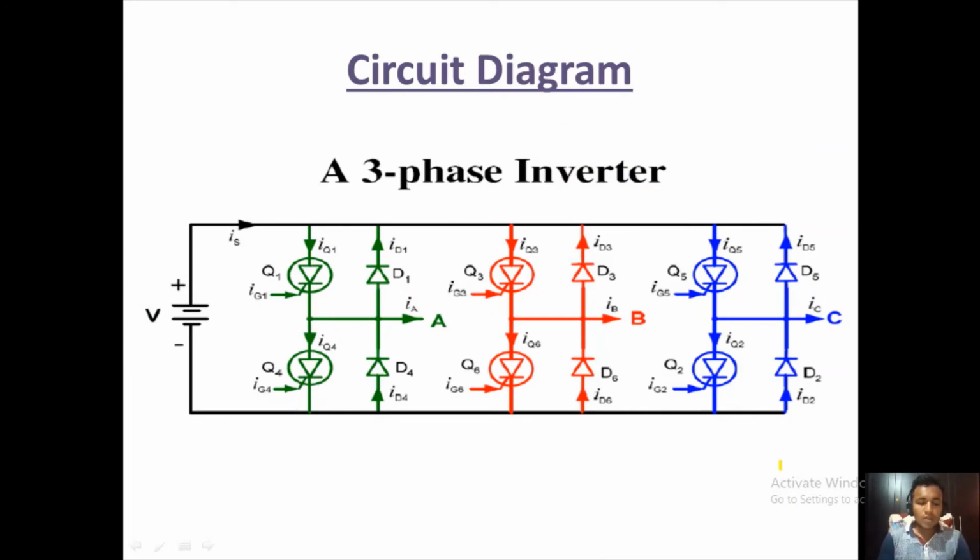Now the load will be connected across A, B and C. A load may be resistive or inductive in nature, and it can be connected in a star or delta configuration. So here we cannot connect a load directly, but it can be connected in a star configuration or delta configuration. To see this in a simple manner, let us see with the load connected.